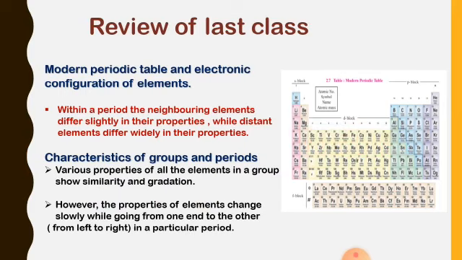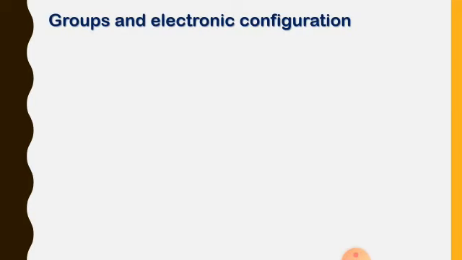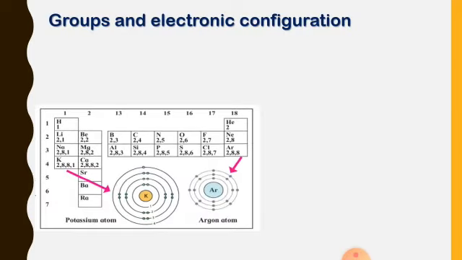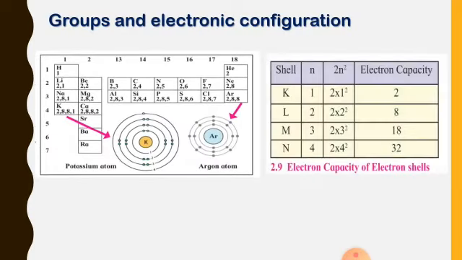Then we have learned about groups and their electronic configuration. Here group 1 has one valence electron. You will find that the number of their valence electrons is the same.